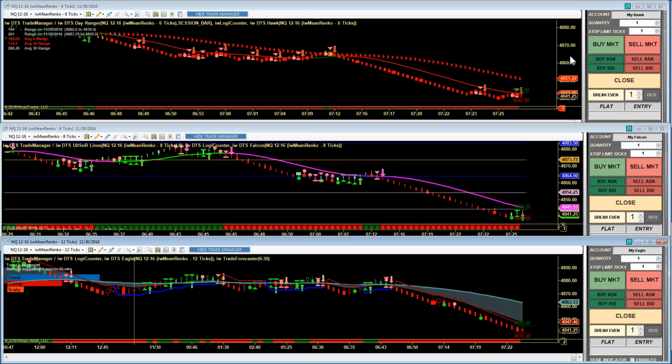Yesterday, for instance, I got myself a little bit behind the eight ball, took a couple stink bomb trades, but I caught a nice move in the afternoon and managed to fight my way back to where I was still in the red, but it was minor. But the whole point again is you need to manage your trade so that when you do take that loser, you don't wipe yourself out. Don't cripple your account.